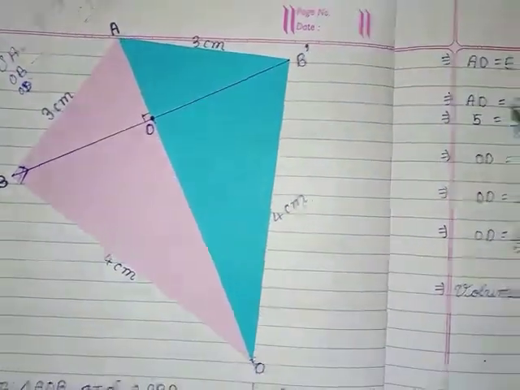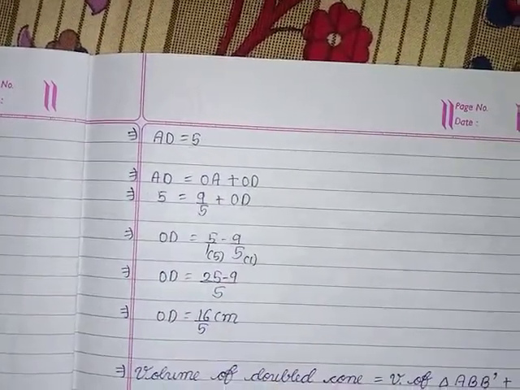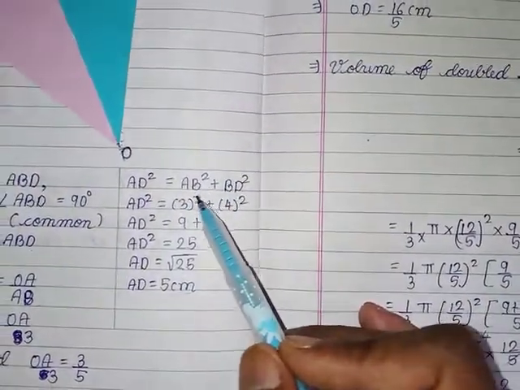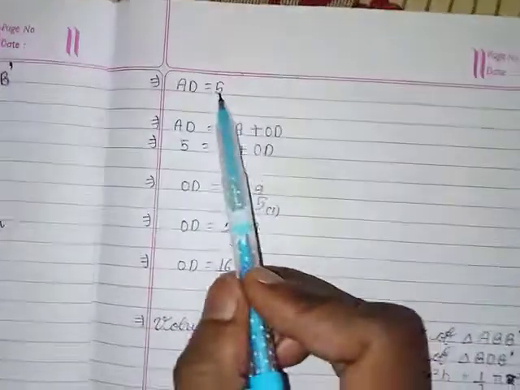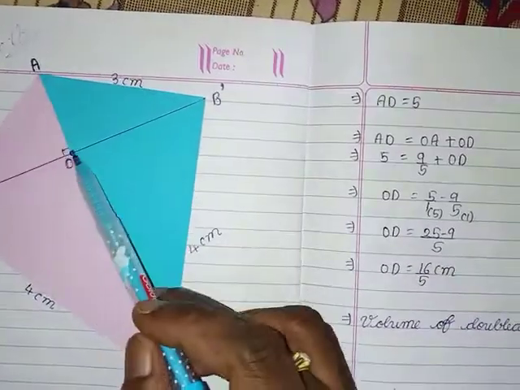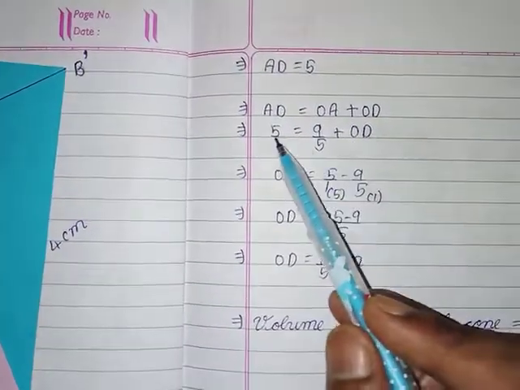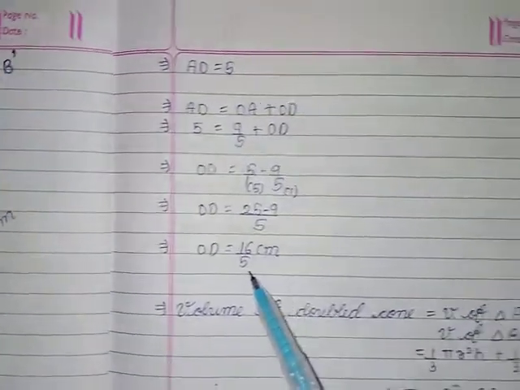We already found AD by Pythagoras theorem, it is 5. So AD is 5, but AD is equal to OA plus OD. So 5 equals 9 by 5 plus OD, so OD will be 16 by 5.